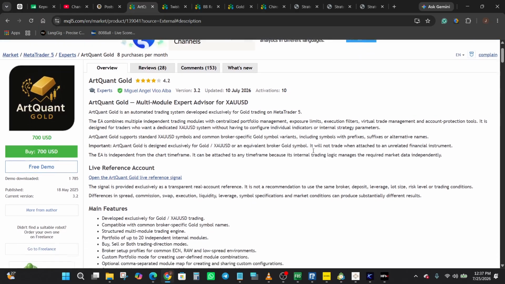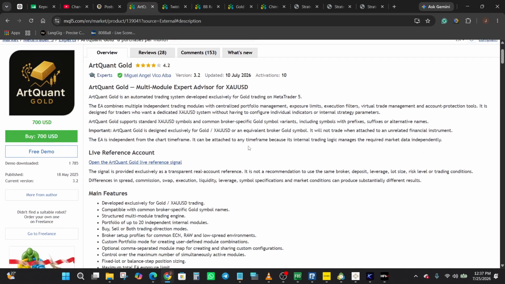Now let us scroll through the marketplace page together. We are looking at version 3.2, last updated on the 10th of July 2026, and it currently has 10 activations. It is priced at $700 outright. No rental options showing here.